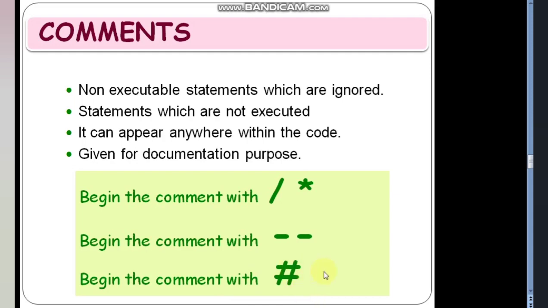Remember, you will get the term comments in other programming languages also, like Python, C, C++, where comments represent non-executable statements which are simply ignored and not executed. But the symbols are different for different programming languages.